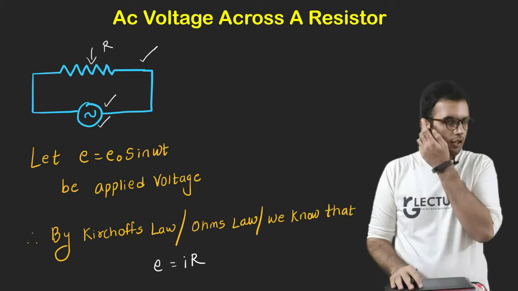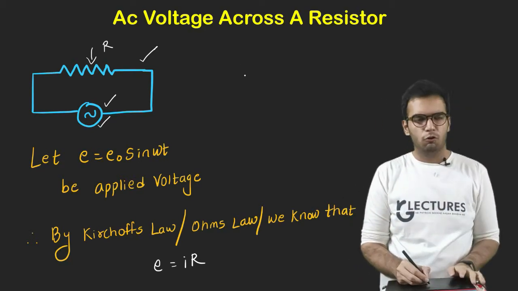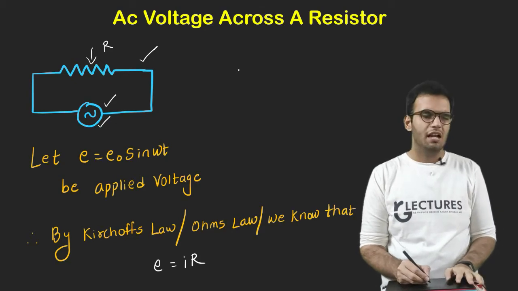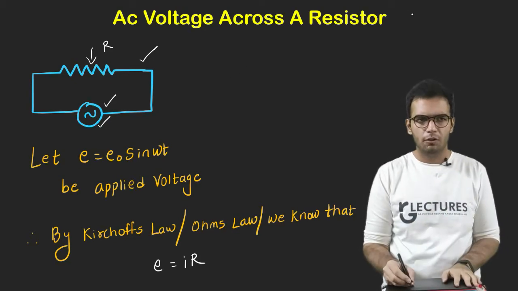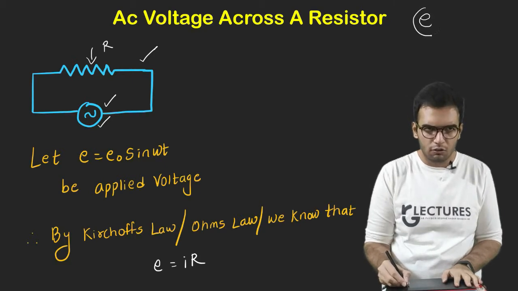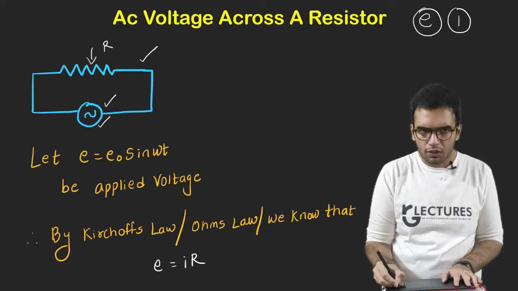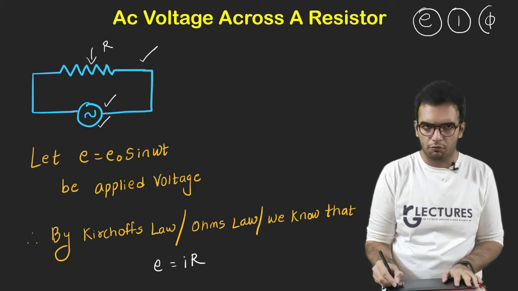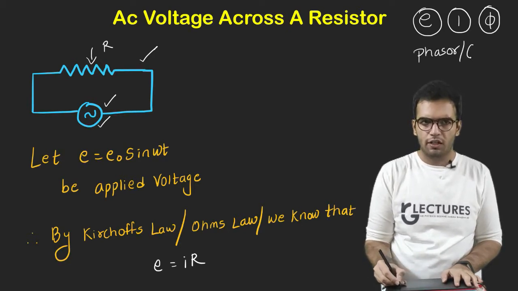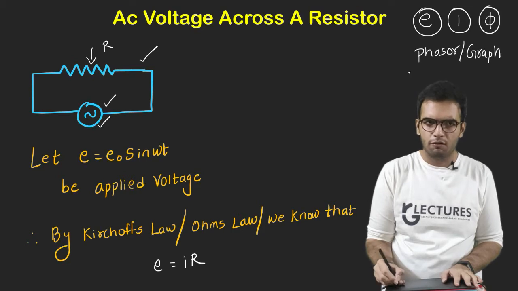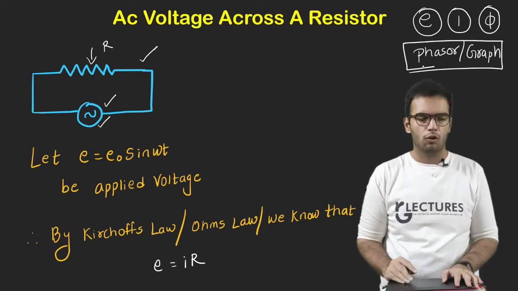Let's start. In BSc or engineering there are many ways to derive these equations. What we have to do is find the value of voltage, find the value of current, find the phase difference, draw a phasor diagram, and draw the graph for each of the circuits. That is our simple aim.